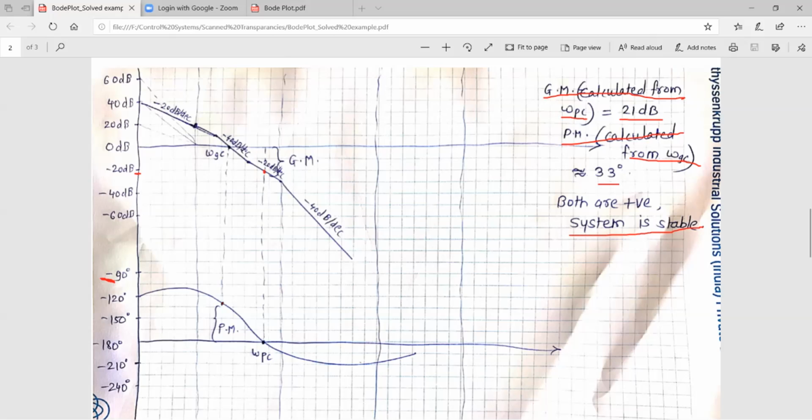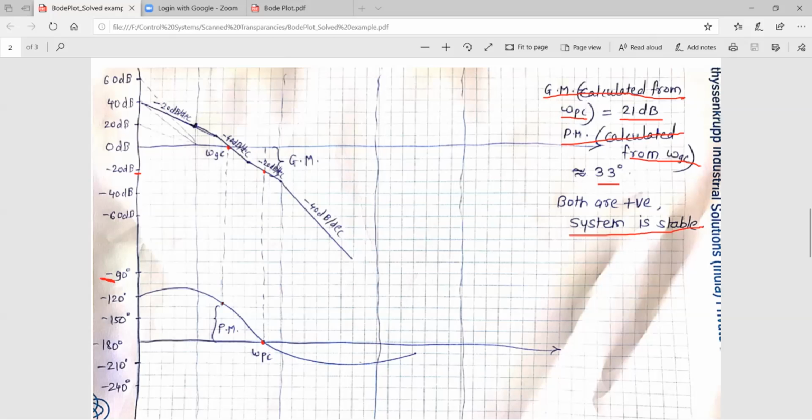Let me revise again what we did. We have this magnitude plot and phase plot. From the phase plot, you identify omega PC, the phase crossover frequency, the point at which the phase plot crosses minus 180 degrees. You identify omega GC in the gain plot when it crosses 0 dB. Then take the line upwards and draw a dotted line till it intersects the gain plot.